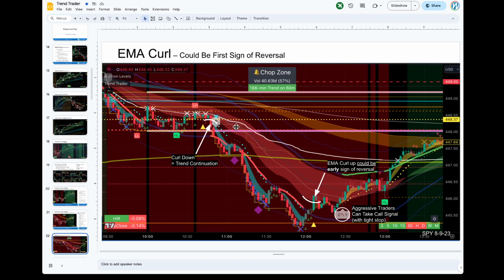When the EMA clouds get a little bit wider, that's good too. But then here you get a curl in the opposite direction. So that's where we're like, okay, things might be turning. Those curls are very important warnings of what's to come.